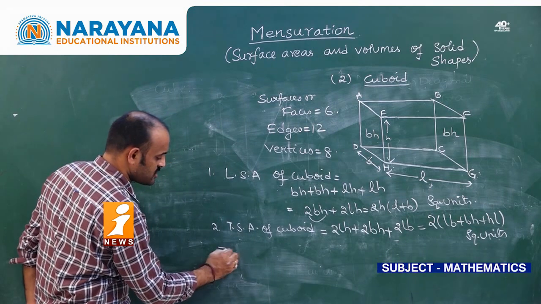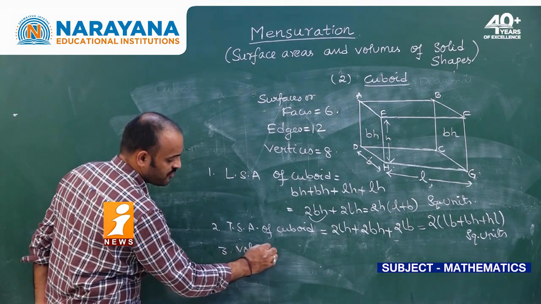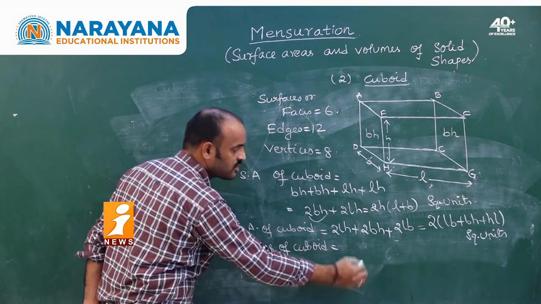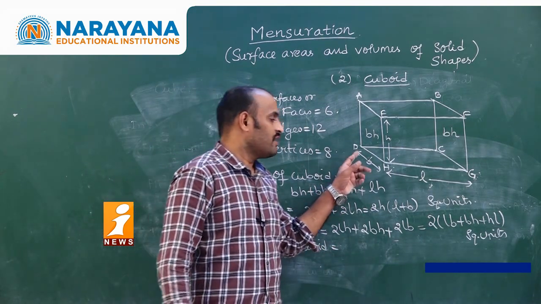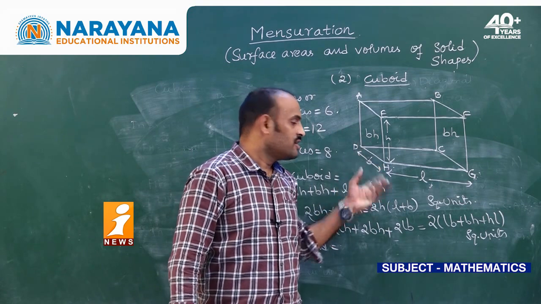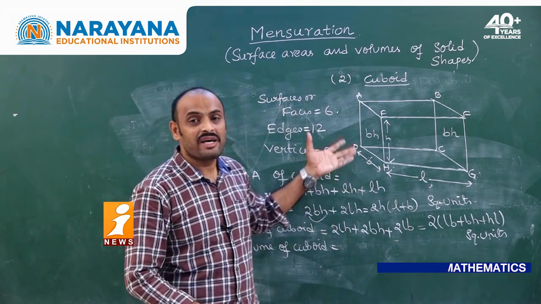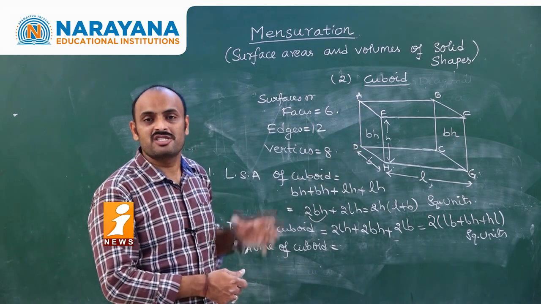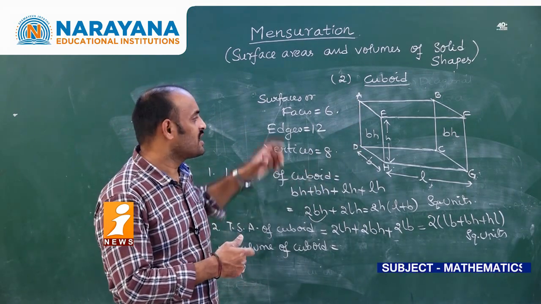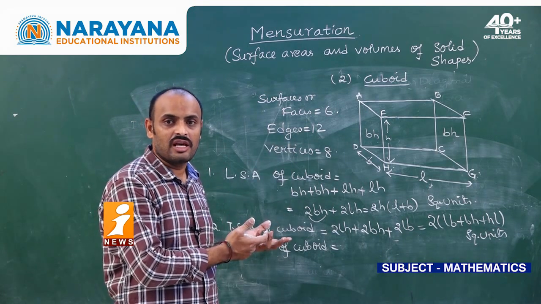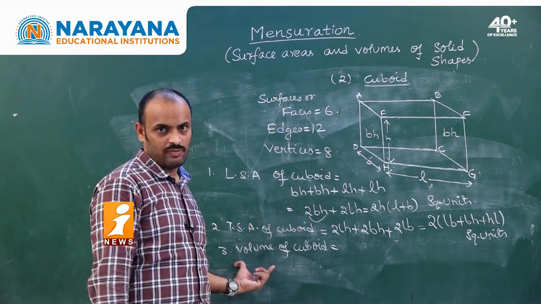Next, the third one is the volume of cuboid. So what is the volume of cuboid? Like we have discussed, for any figure you take, volume means the capacity of the given figure: how much it can hold, how much it can be filled, how much it can weigh. All these come into calculation when you calculate volume.